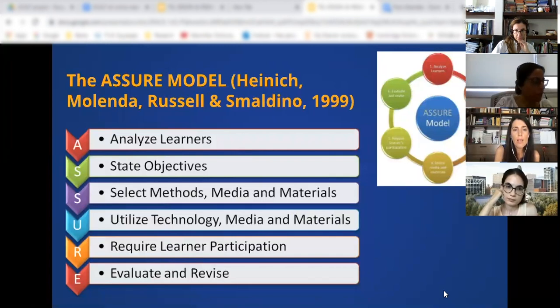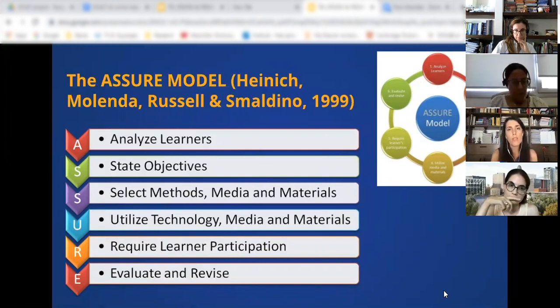And the last one is the ASSURE model. It is an instructional system design process that was modified, in fact, to be used by teachers in the regular classroom. It is a process which teachers and trainers can use to design and develop the most appropriate learning environment for their students. In fact, you can use this process in writing, for example, your lesson plans or in improving teaching and learning.